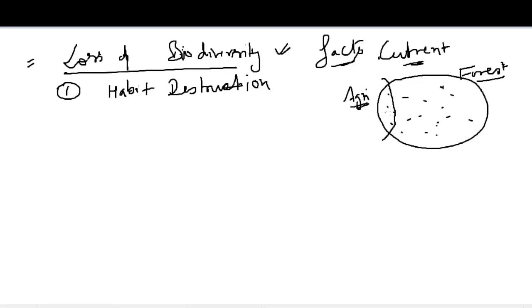Before that there may have been some bird species or other species that liked this area very much and were living here. So they will either be killed or migrate to another area. The destruction of this habitat of this snake has led to a reduction in the snake's population because they are being killed. The snake is just an example, but there may be other species also, birds and reptiles, living in this area. So this is called habitat destruction.